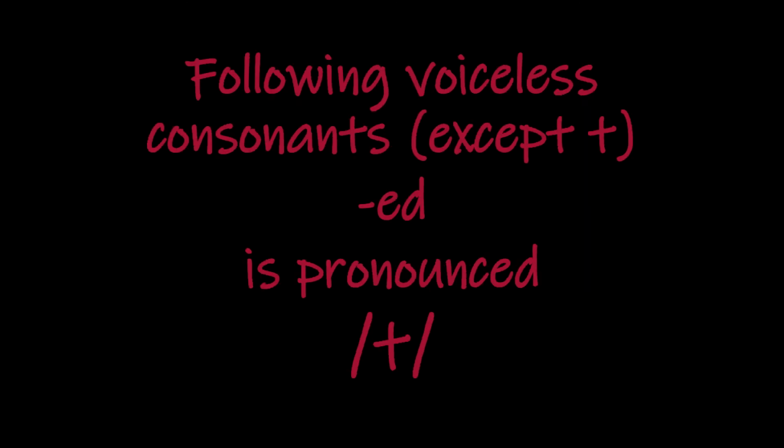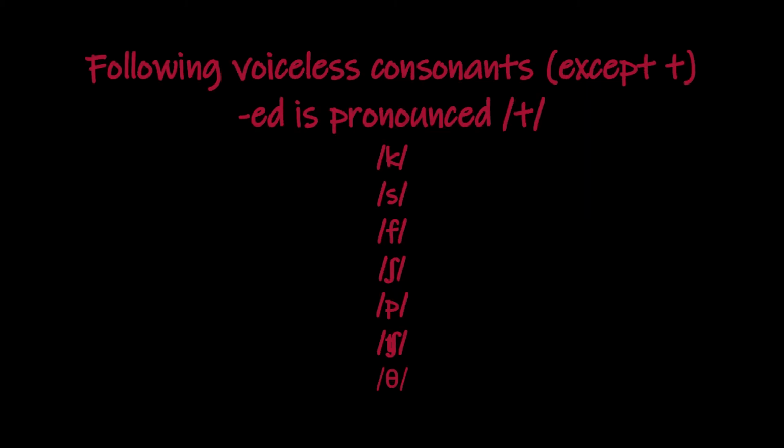So in this video, what we're looking at is the t, and this t ending occurs after voiceless consonants, with the exception of the t sound itself. So what that really means is that following the k, s, th, sh, p, ch, th sounds, an ed ending is pronounced t.